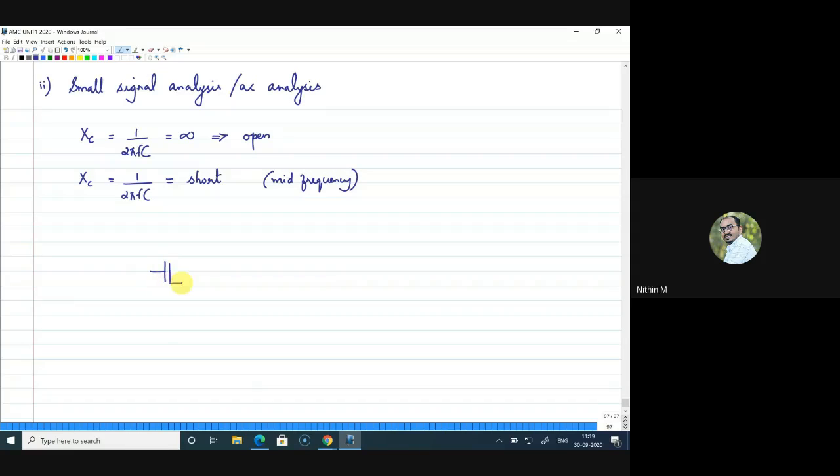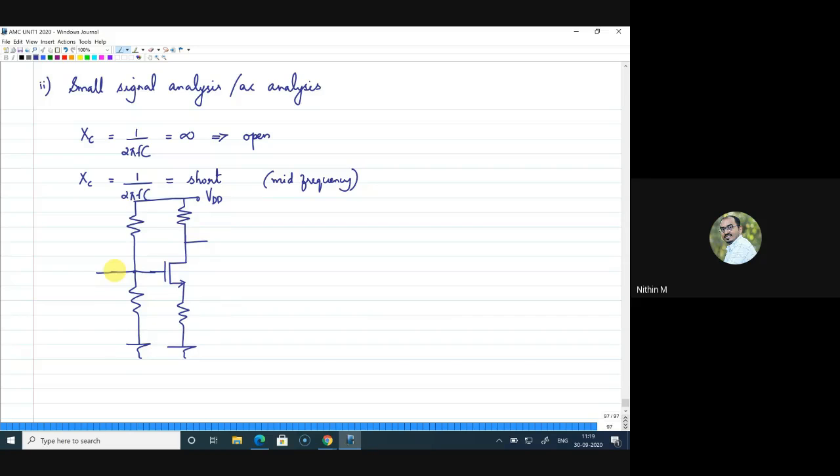Now, if the capacitance is acting as short, let me draw the rest of the diagram. I have the MOSFET, then I have to consider the resistances. This is what we have considered before. This is VDD. Now what we have taken here is all the capacitances are acting as short. That means on the input side you have a short.